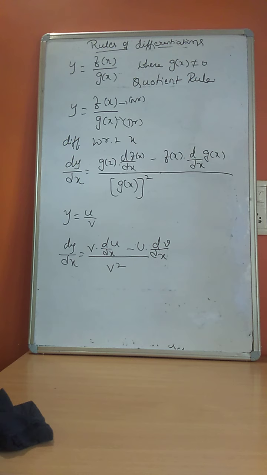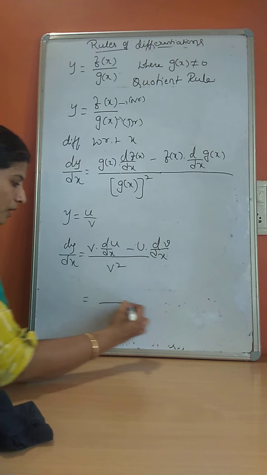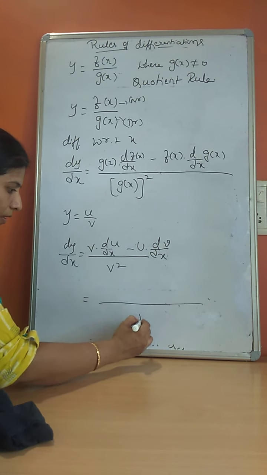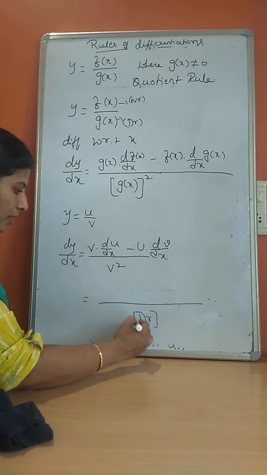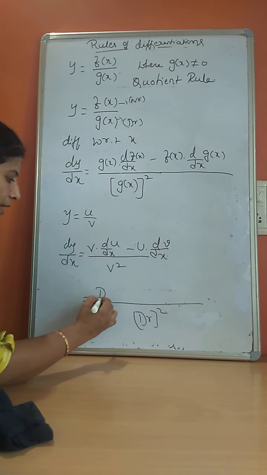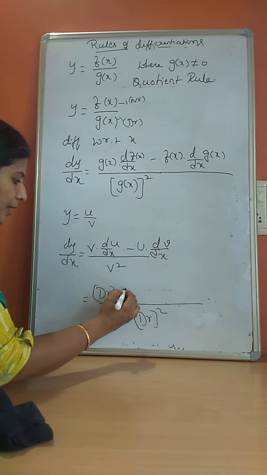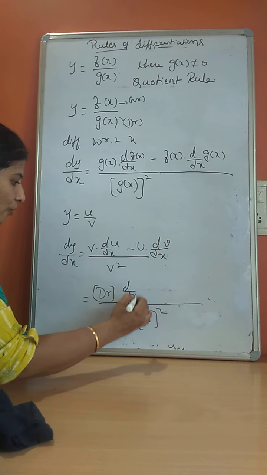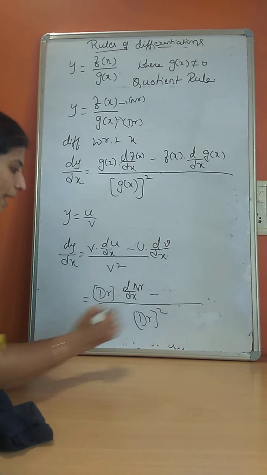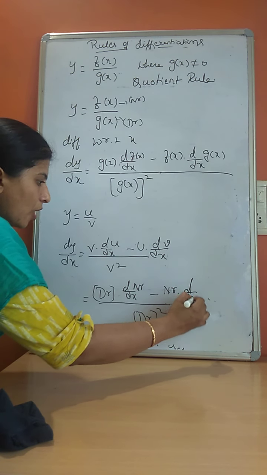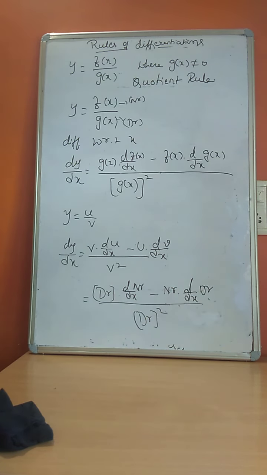You have to remember like this. That is another way. Denominator square, that is denominator into differentiation of numerator minus numerator into differentiation of denominator. In this way we are going to find this quotient rule.